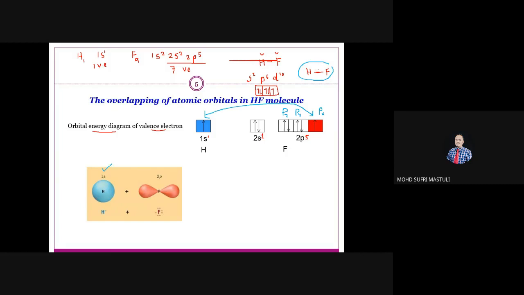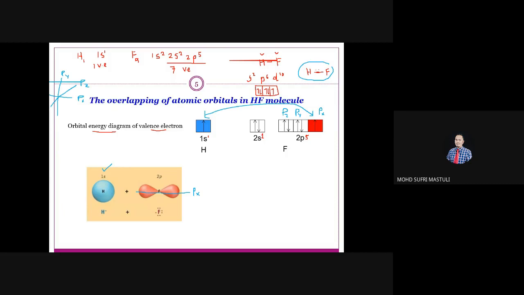For the F, the orbital that will overlap with the hydrogen is the px orbital. So this is a px orbital. We have px, py, and also pz. Don't worry about the others because we only have a px.